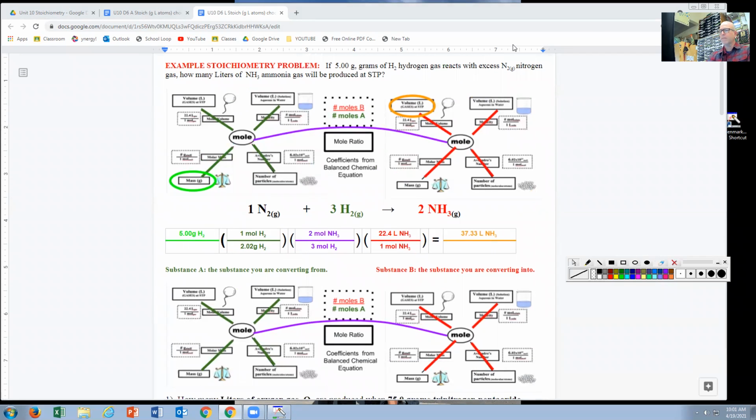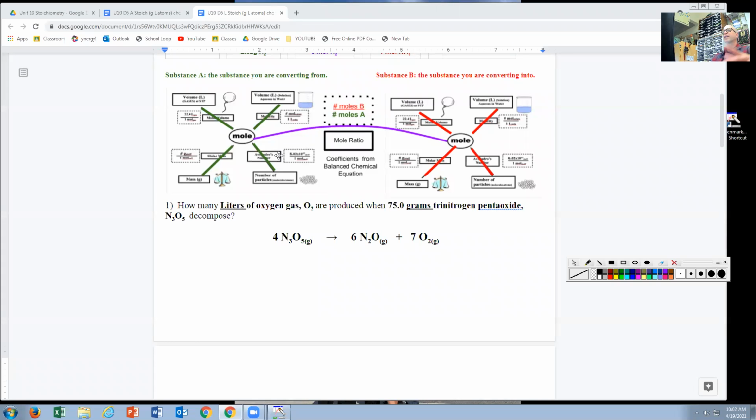So here we go. All right, so here's our example that we're going to work on this afternoon or this morning. So the first thing we always want to do is read our question. So let's go through and let's read the question. The question says, how many liters of oxygen? So we're looking for liters of oxygen. So this is oxygen right here.